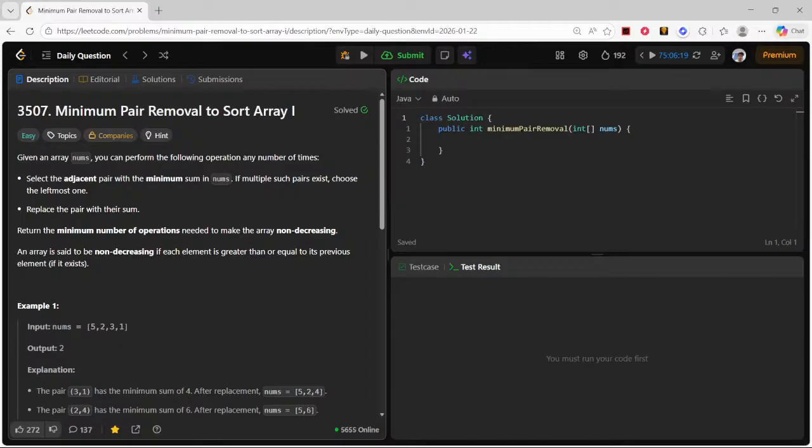Given an array nums, you can perform the following operation.